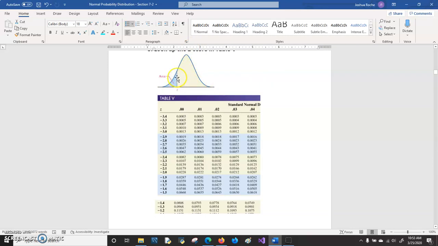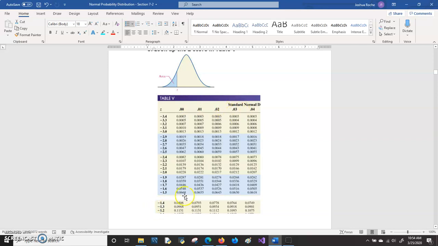For any z-score that you use, the number in the middle, let's say this one right here, 0.0059, that would represent the actual area under the curve to the left of that z-score. Our z-score is negative 1.33, so we'll go down. Here's negative 1.3, and then the second decimal place is up here. We want it to also be 3.